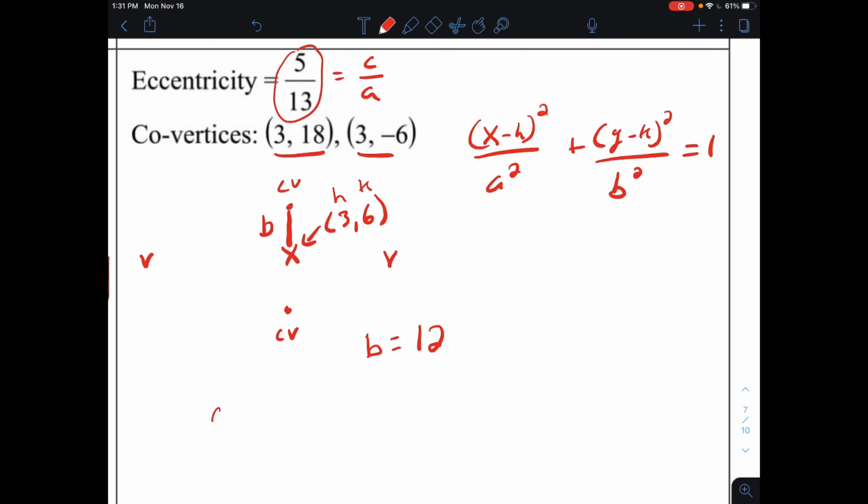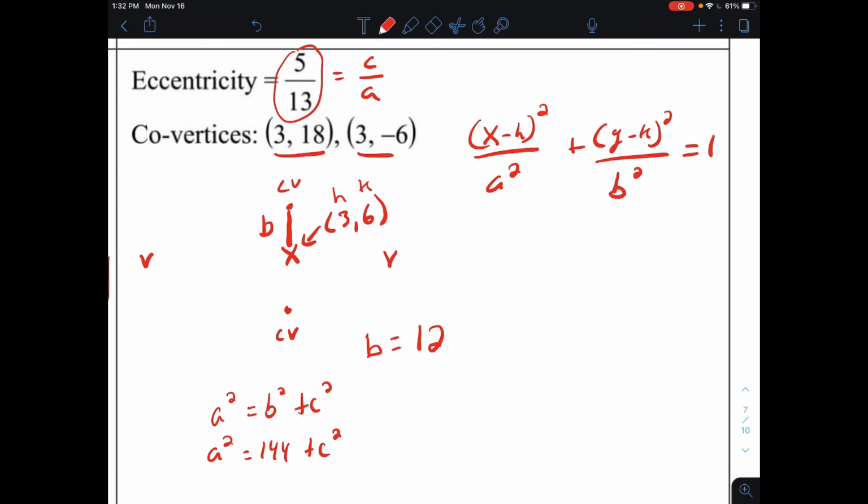So right now we know that a squared is equal to b squared plus c squared, and we know that b is 12, so we know a squared is equal to 144 plus c squared. Well, we need to solve. We want to know what a squared is. Well, we can take our ratio that we're given, and we're going to rewrite that as c equals, so we can replace this, and we can solve for a squared.